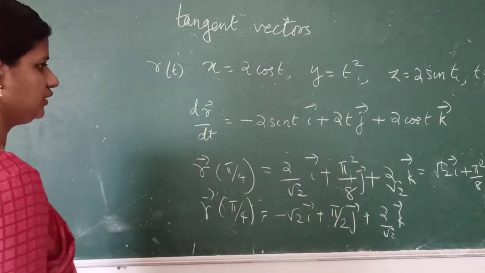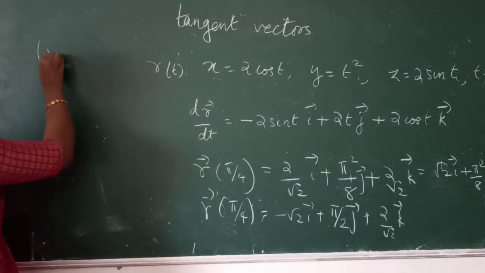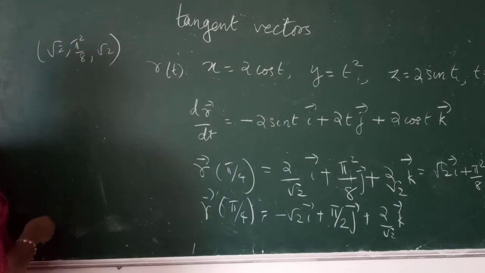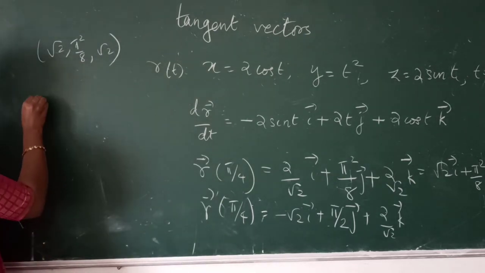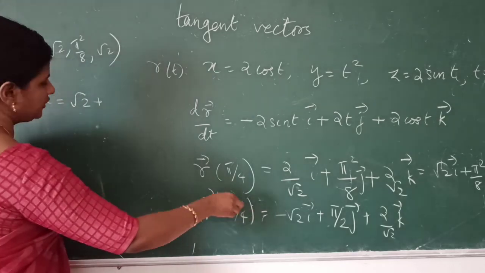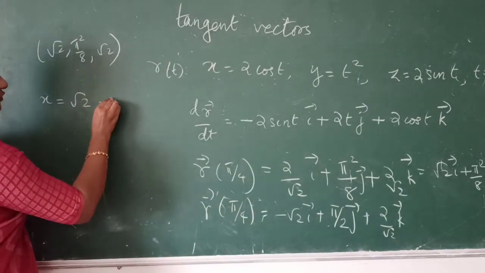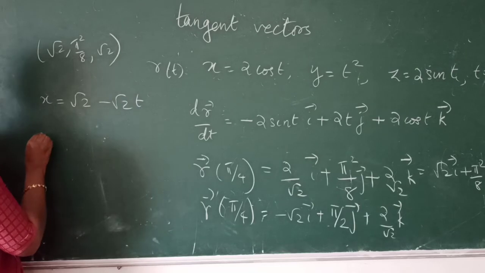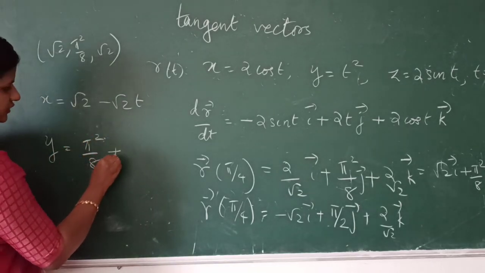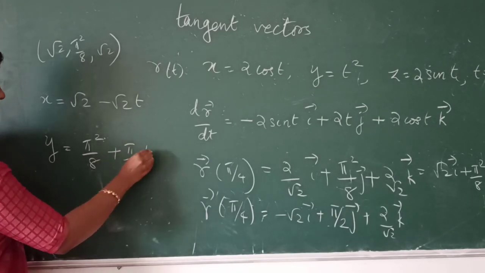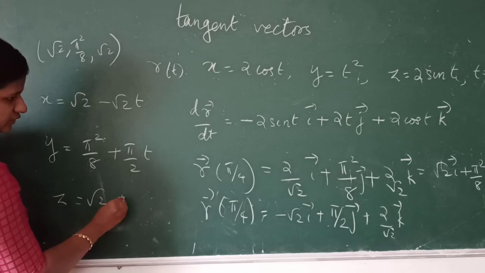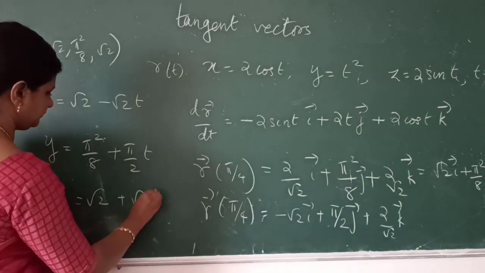So the point here is root 2, pi square by 8, root 2, and the equation of the tangent line is x is equal to x naught, root 2, plus u, minus root 2, so minus root 2 t, and y is equal to pi square by 8 plus pi by 2 t, and z is equal to root 2 plus root 2 t.